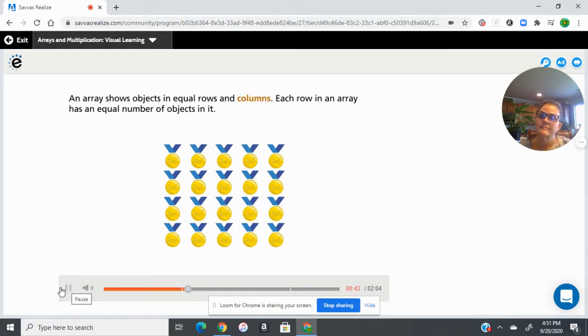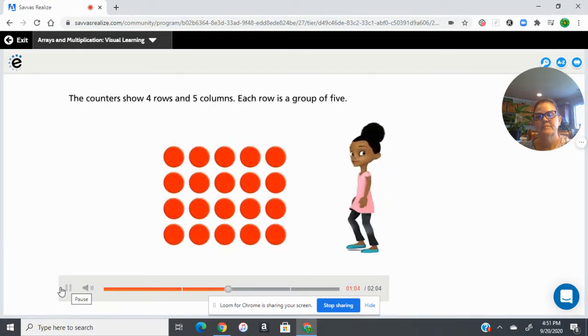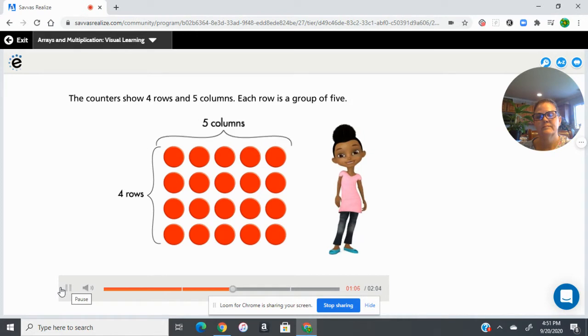An array shows objects in equal rows So rows go this way. and columns. Columns go up and down. Each row in an array has an equal number of objects in it. The counters show 4 rows and 5 columns. Each row is a group of 5.